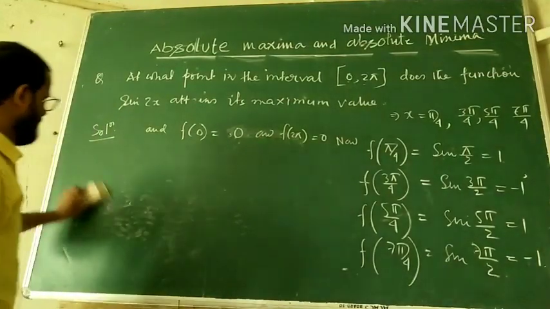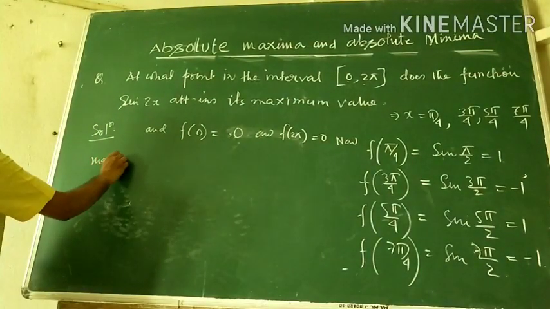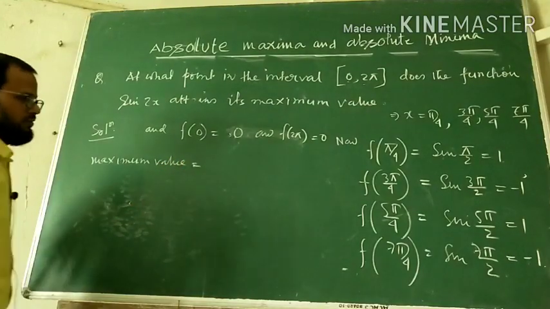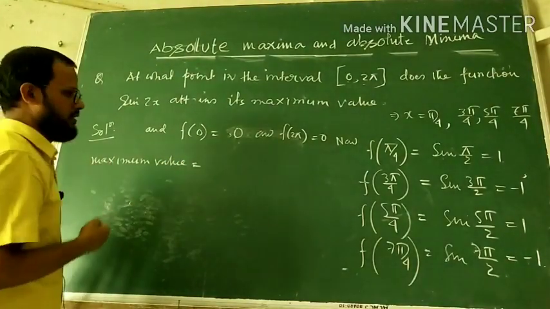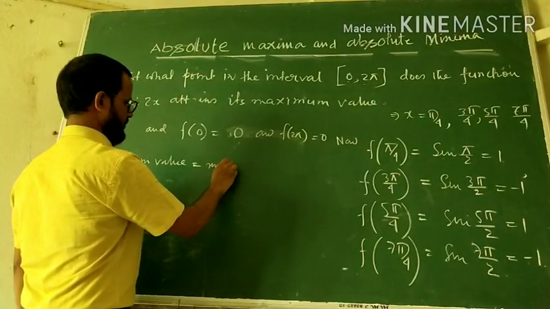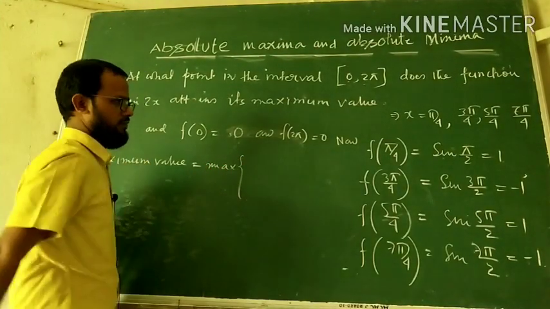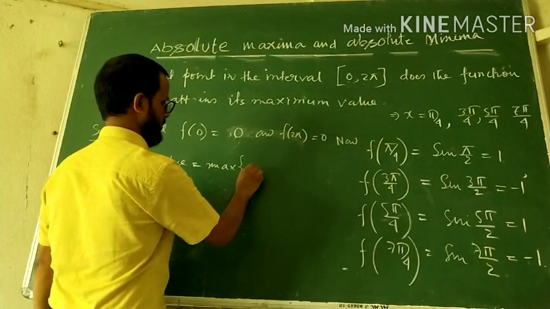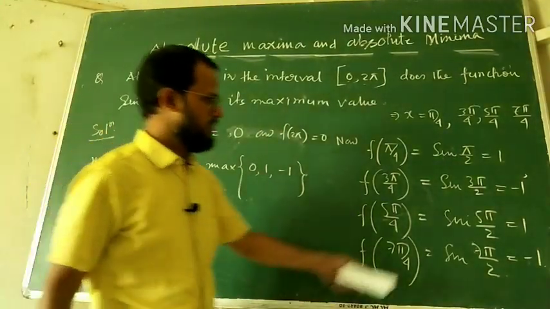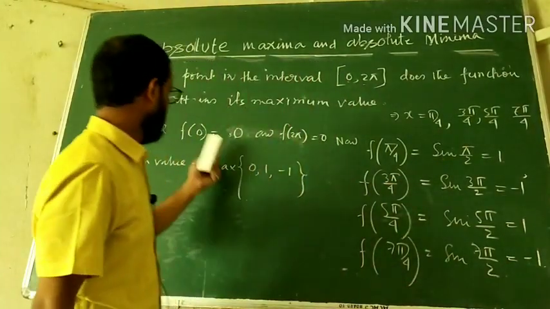So finally maximum value is equal to the maximum of all the functional values. The functional values are 0, 1, minus 1. These are the same values and these are the two values 0.